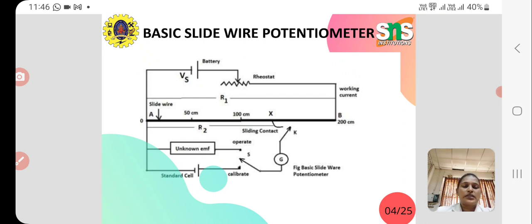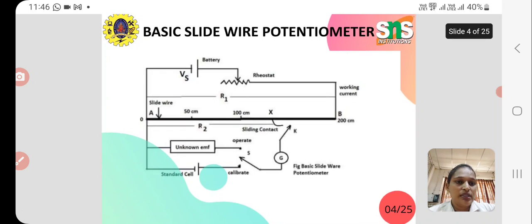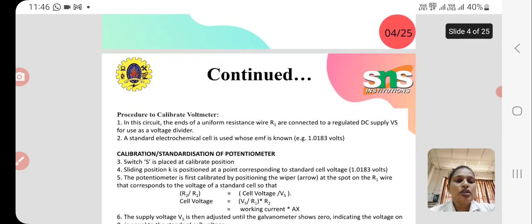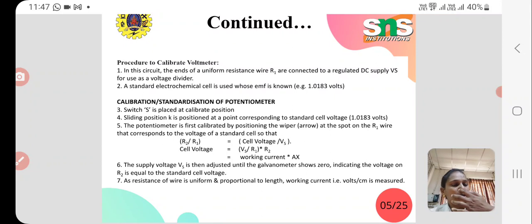So how does it work? At first we need to calibrate the potentiometer. Here the switch S is connected to the calibrate point, wherein the standard cell is connected to the wire. By switching the circuit to the calibrate position, the sliding contact jockey K is kept at a point which gives the corresponding standard cell voltage of 1.0183.